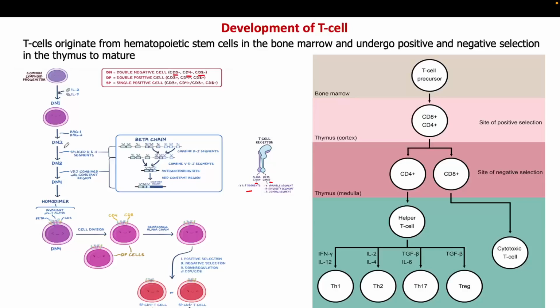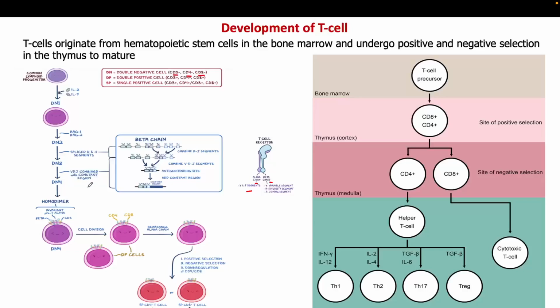Okay, and then this double negative 2 will be converted into double negative 3. Okay, here what will happen, the D and J segments are spliced, and only the V segment will be there. Okay, and in the conversion of DN3 to DN4 there will be VDJ combined with the constant region.